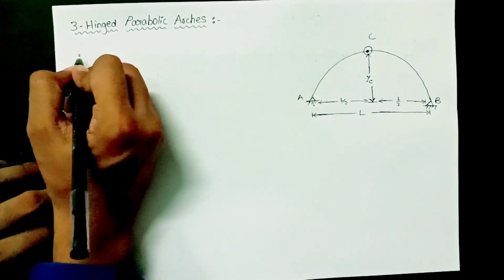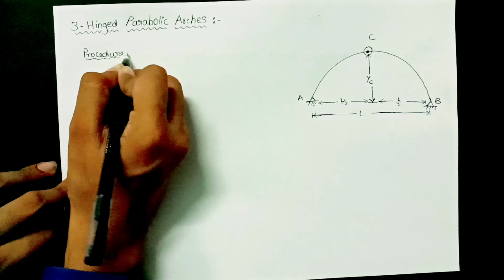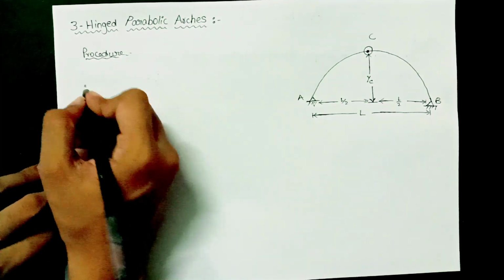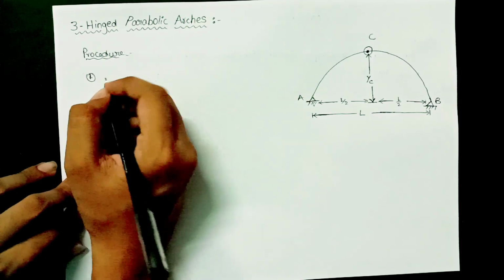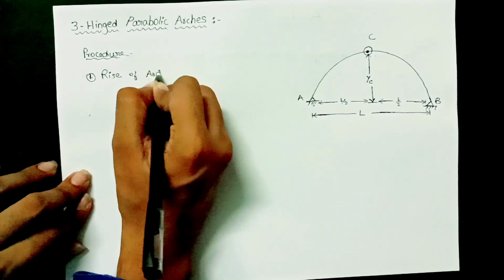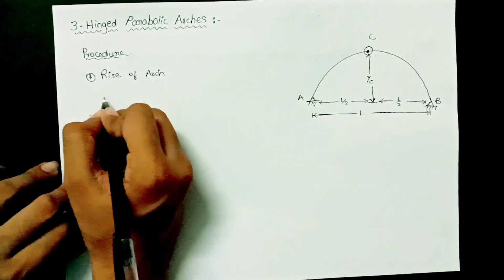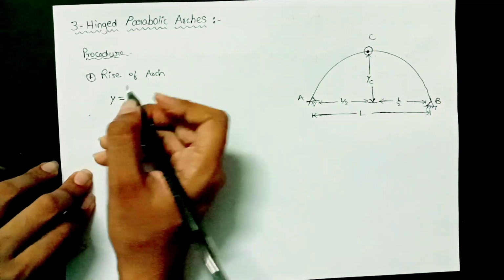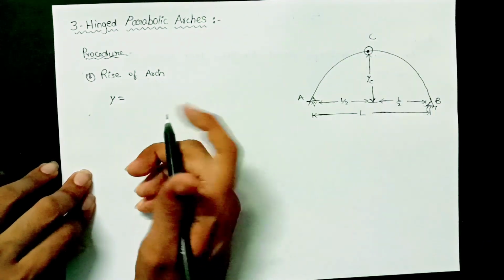Now I am going to explain the procedure and formulas used for analysis of three hinged parabolic arches. As per the procedure, the first step is to calculate the rise of arch at various points. Since this is a parabolic arch, it has some geometrical properties.